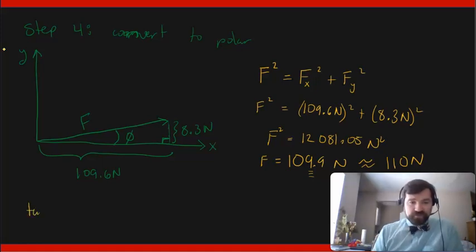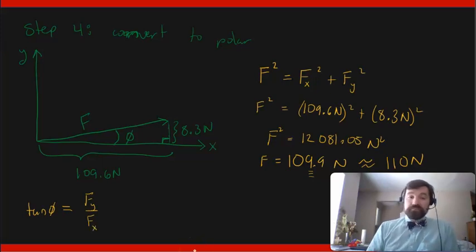Okay, now we do the angle. Tangent of the angle should look like opposite, that would be Fy, over adjacent, that's Fx. Because we're in the first quadrant, we don't need to do any further modifications. We can just plug the numbers straight into our calculator, and the correct answer should come out.